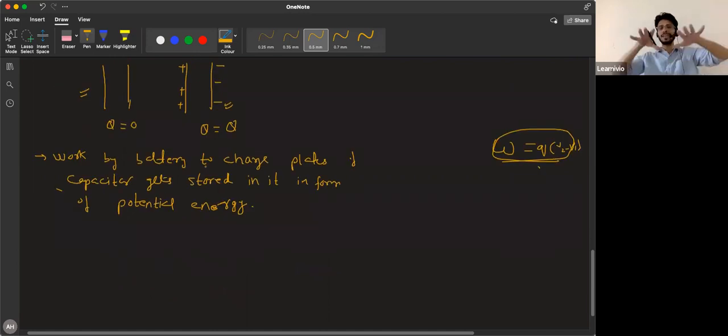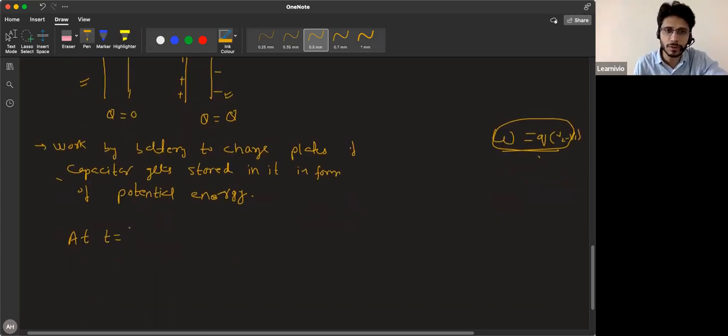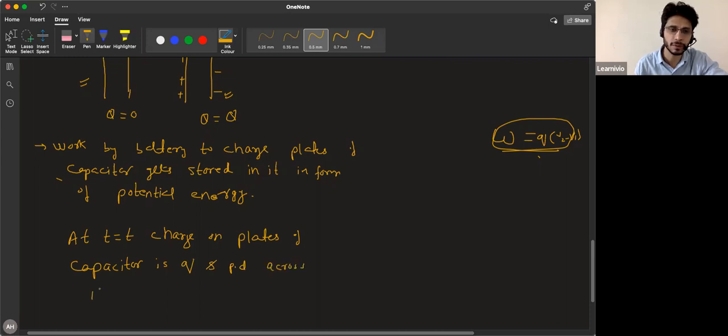I'm choosing a stage which is in between the initial and the final state, at some time t. At some state t, the charge on plates of capacitor is Q and potential difference across plates is V.